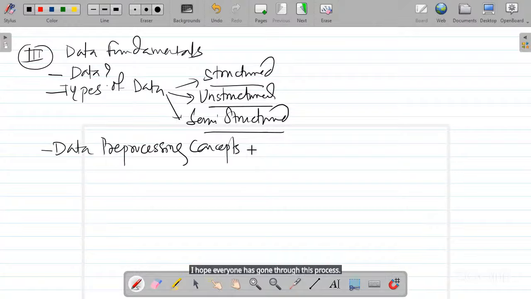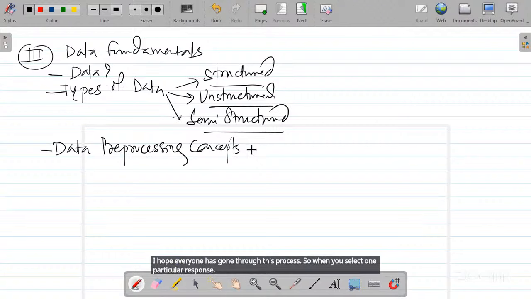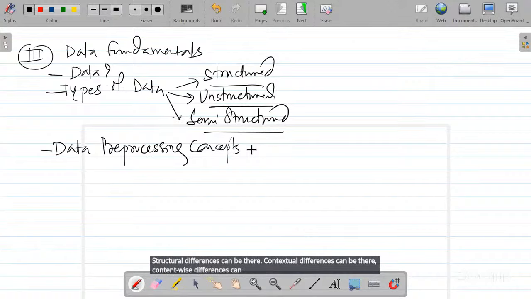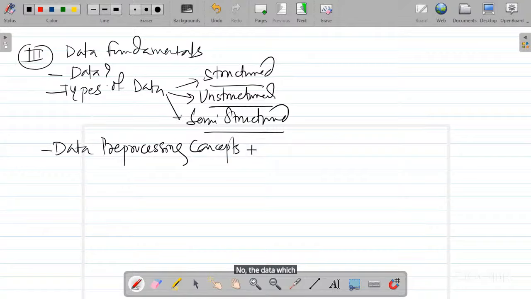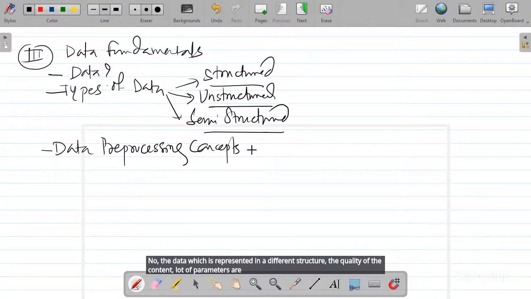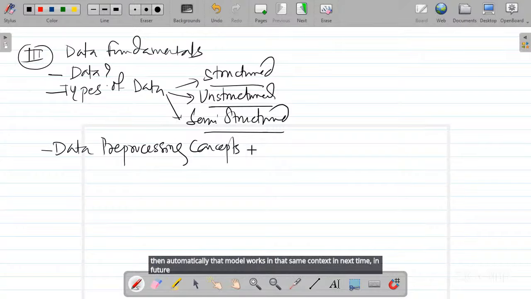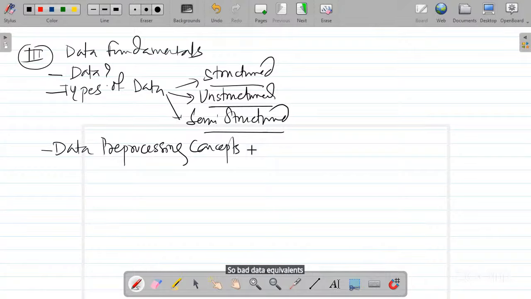Structural, contextual, and content-wise differences can be there, and lots of parameters are involved. When you select one as your preferred response, that model automatically works in the same context in future. So that is how it works. Bad data equals bad AI, garbage input equals garbage output.